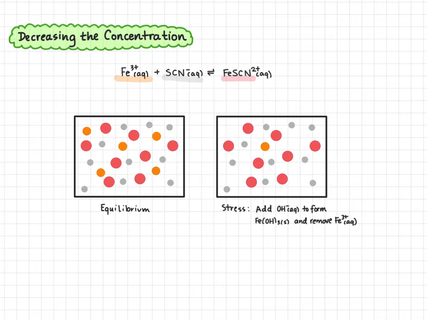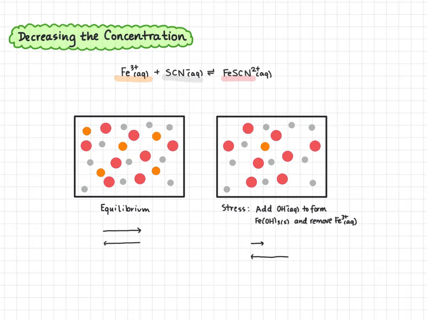When we remove something from the solution, we're going to decrease the rate of the reaction. So before, our equilibrium had equal rates of the forward and reverse reaction. Our reverse reaction rate will stay the same. However, our forward reaction rate will decrease because we have fewer reactants and therefore fewer collisions.